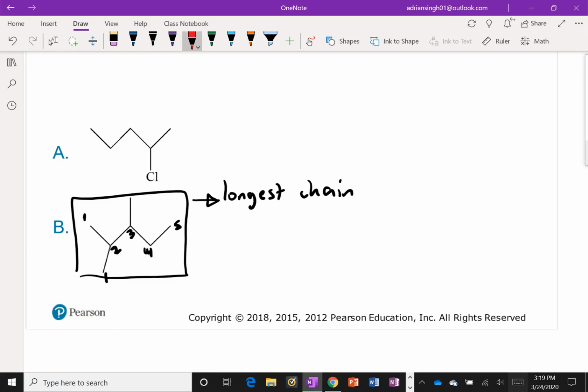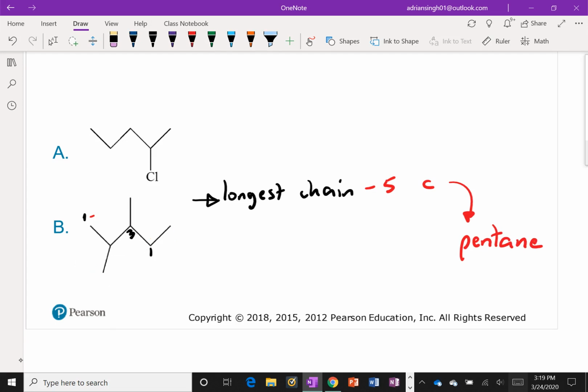If I start on the right side, this is 1, 2, 3, 4, 5, or if I go to the top here, that's carbon 5. Whichever way you slice it, 5 is the longest. So 5 carbons would make it a pent, and all single bonds would make it a pentane. Let's highlight where our longest chain is in red. There's our longest chain.